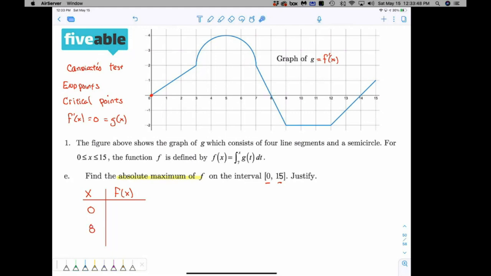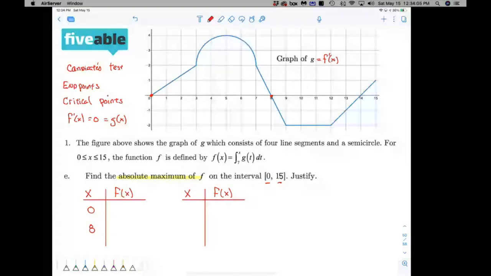The next critical point we see is right here at 14. So I am just going to copy this table really quickly so you guys don't have to switch back and forth from screen to screen. So the next candidate, we got 8 for that last one. Our next candidate is 14. And our last candidate is going to be 15. It's going to be that endpoint.